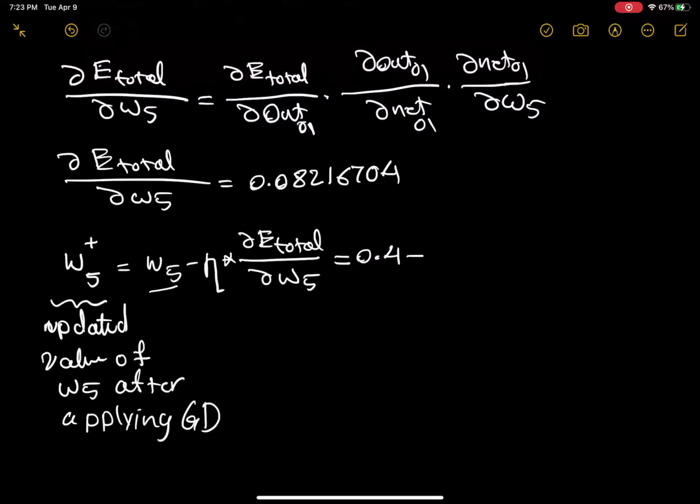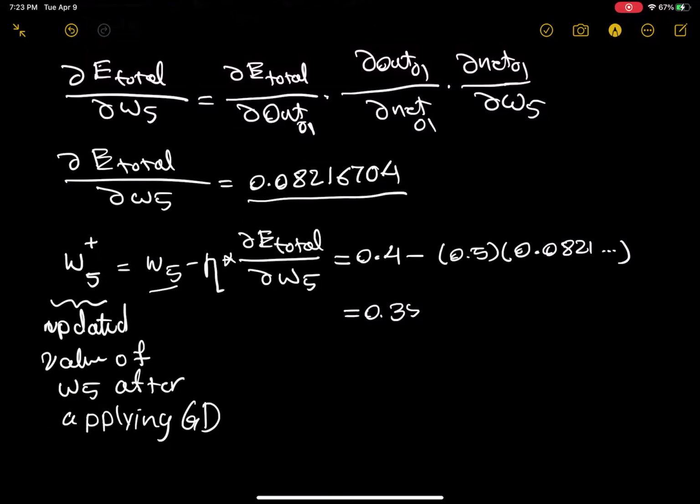I'm going to consider it equal to 0.5; it is probably given to you, or you can choose it. Multiply by the value you just found, and this gives you 0.3589168. Let's see what happened: from 0.4, the weight reduced to 0.3.